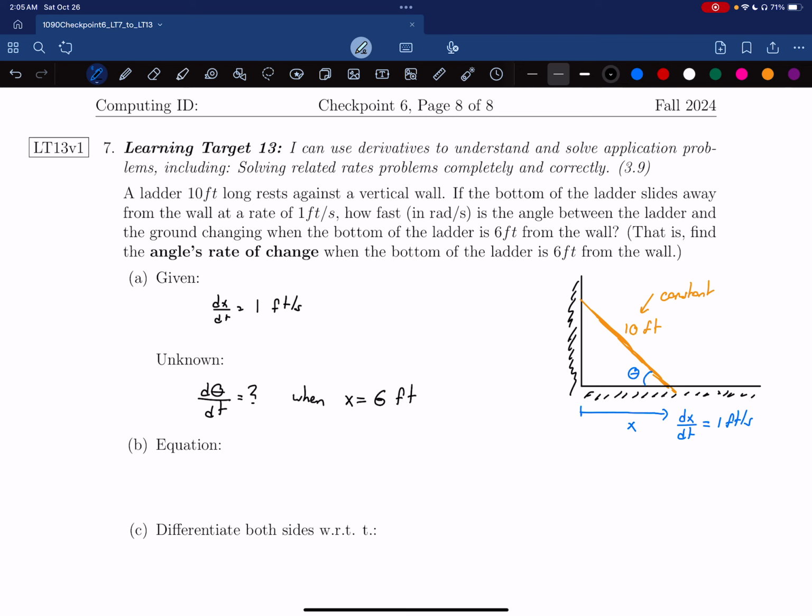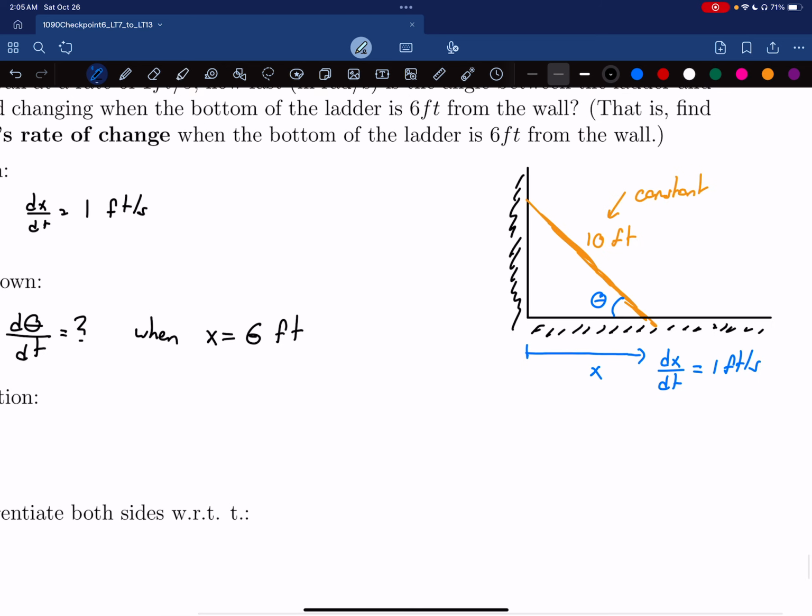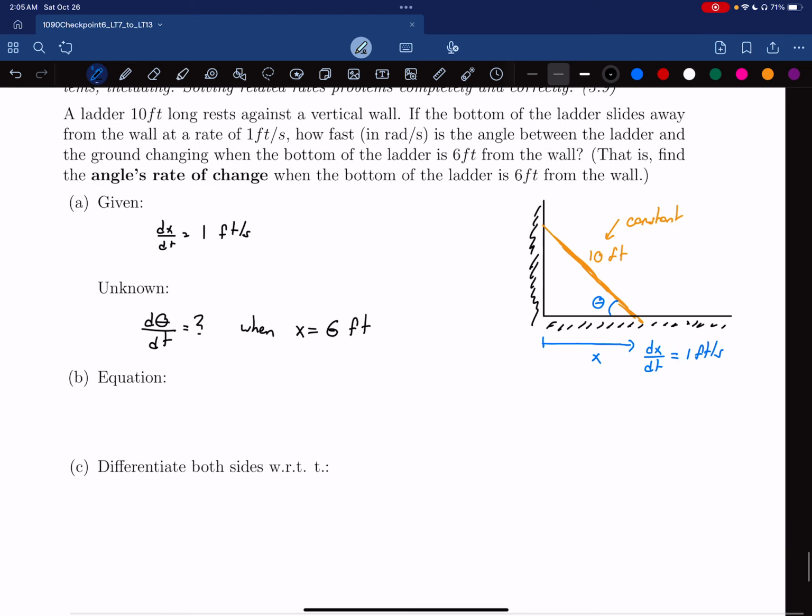So our equation. Now, the equation will almost always come from the drawing that you make. I'm pretty sure that my drawing is accurate so far, so let's think about an equation. We have some angle changing, and we have the distance changing between the bottom of the ladder and the wall. So I know we're going to have some x value that's adjacent relative to the angle, and we're going to have a constant hypotenuse.